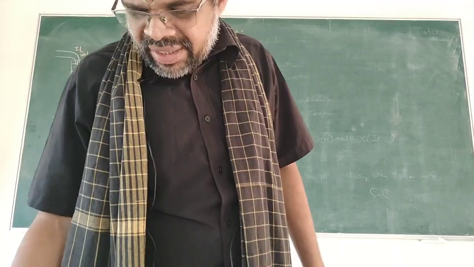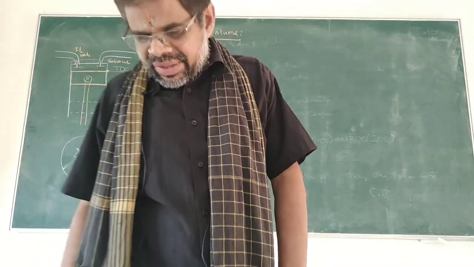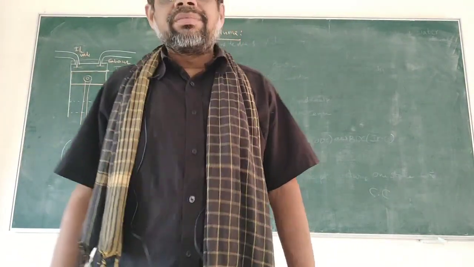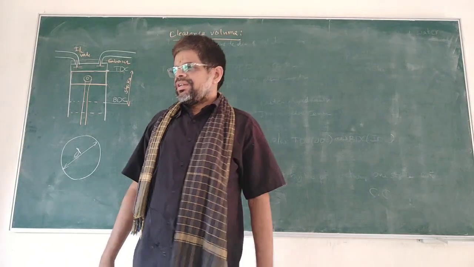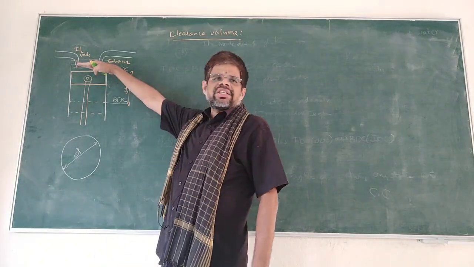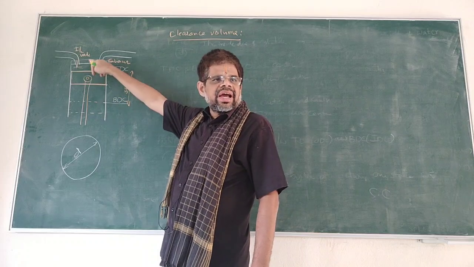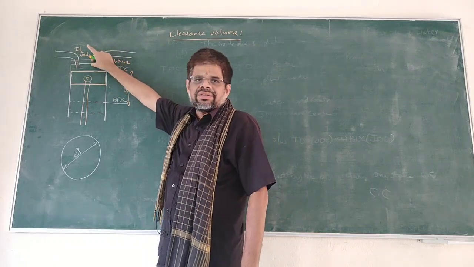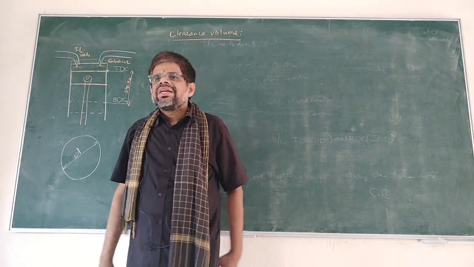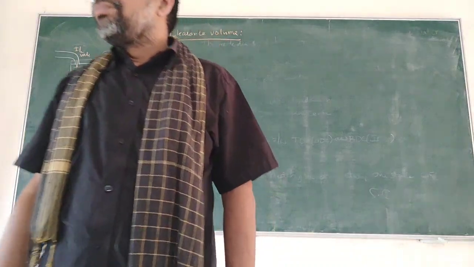So what is the definition of clearance volume? The space between the cylinder head and the piston when it is at top dead center. Assume that the piston is at top dead center. Now the space between the piston surface and the cylinder head. So this is the cylinder head, and this space is called clearance volume.